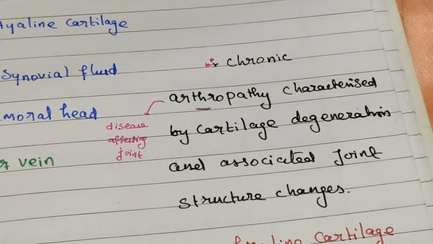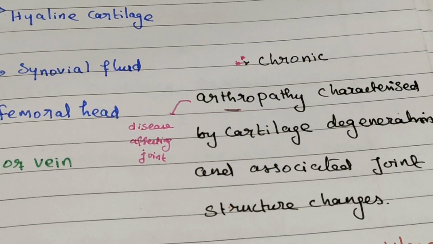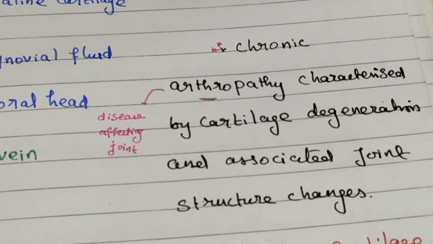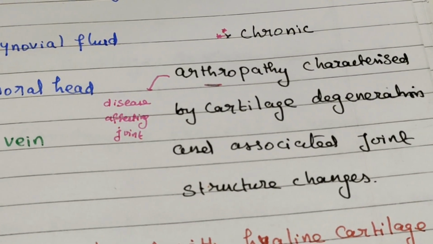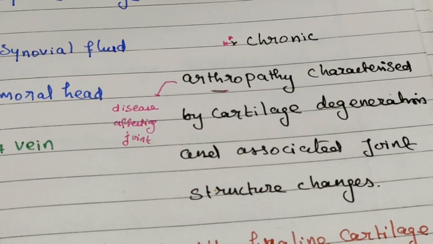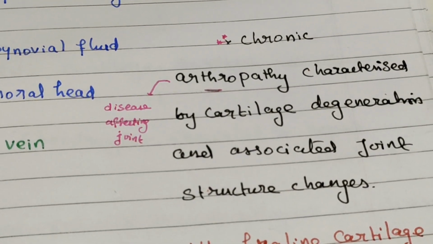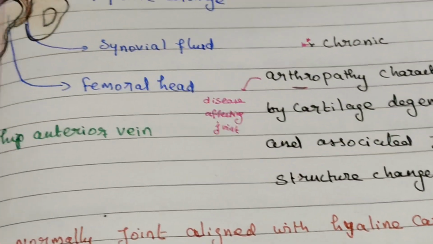So we can define it as a chronic arthropathy affecting the joint, characterized by cartilage degeneration and associated joint structure change. It causes structural changes of the joint also.